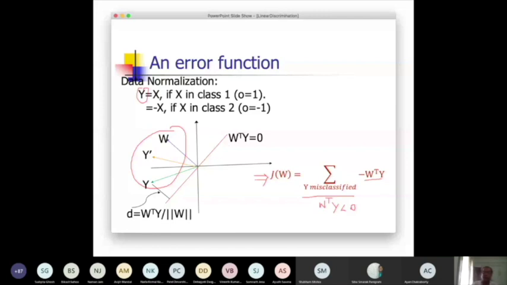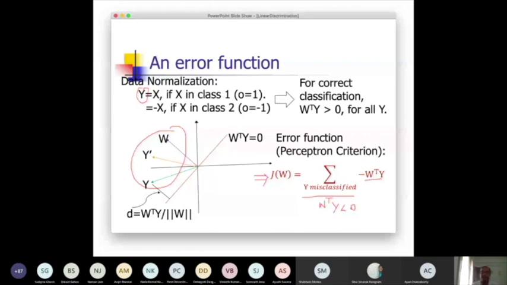So what is my optimization problem in that case? My optimization problem would be to get that W which minimizes this particular error value over the input data set. Is it clear? This error function and criterion we call the perceptron criterion.